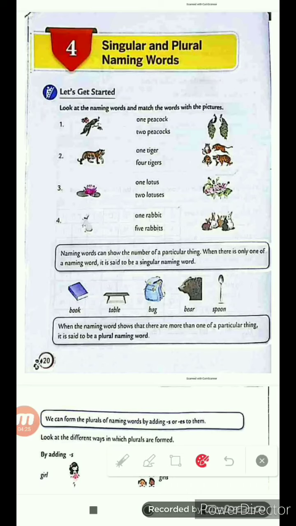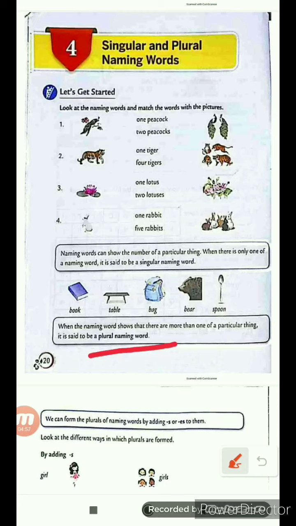Next, when the naming word shows that there are more than one of a particular thing, it is said to be plural naming words. So when it is more than one, we say it is plural.